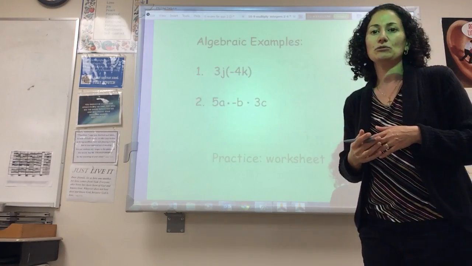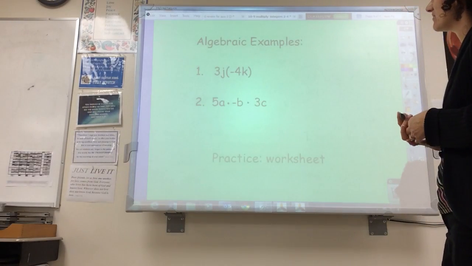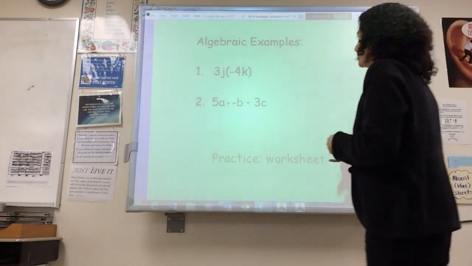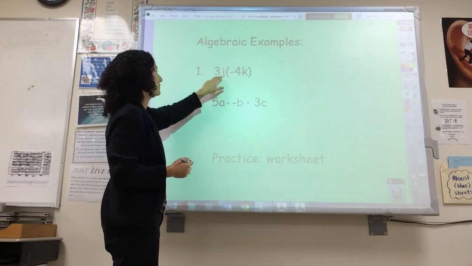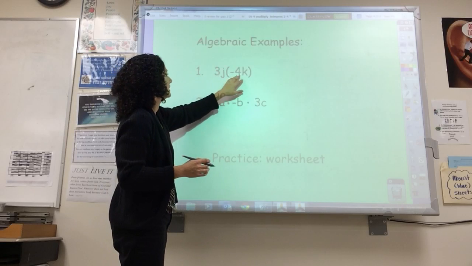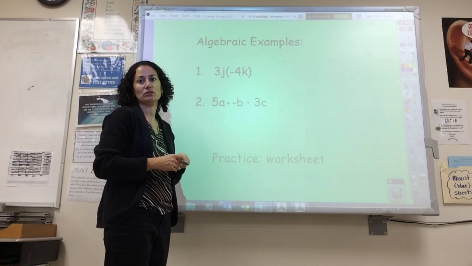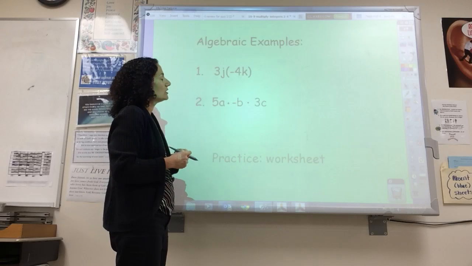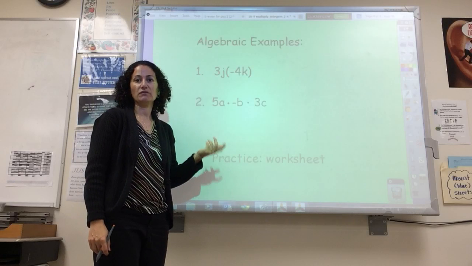One more concept you need to understand is what to do when you have variables. So we would call this a term, 3j, and it's being multiplied by another term, negative 4k, in the parentheses here. Write this down. Make sure you're writing these in your notes. So all you're going to do is multiply the numbers in front of the variables.